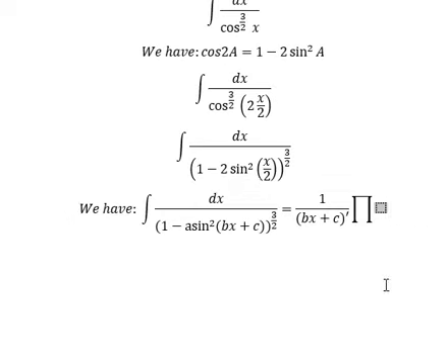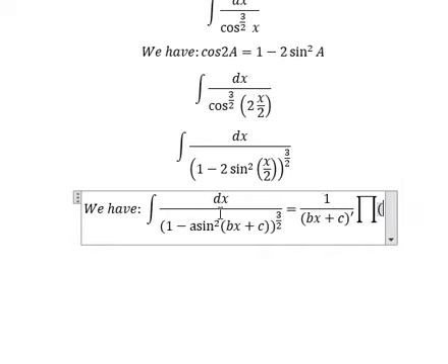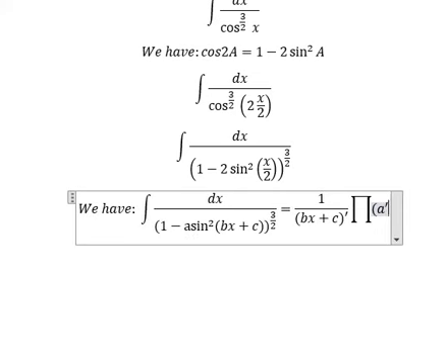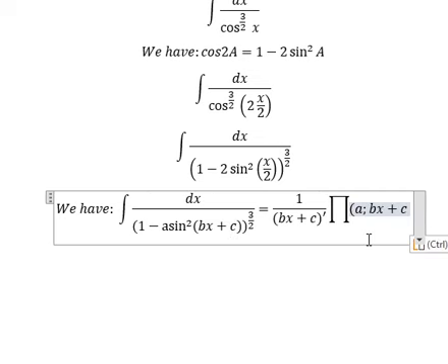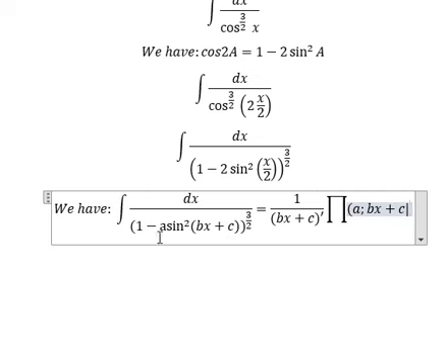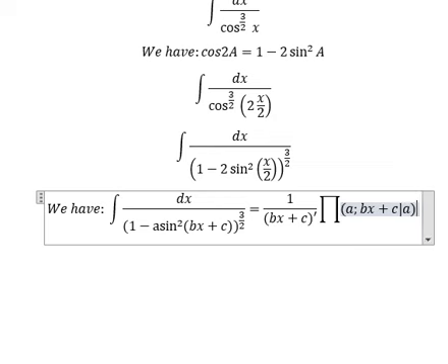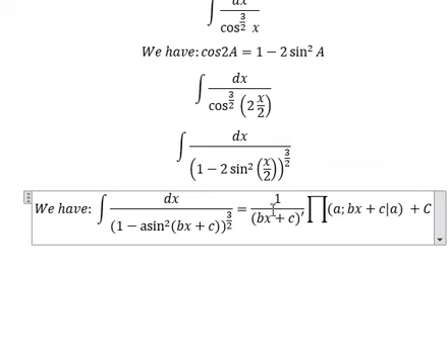So this one we have the coefficient of sine that's about a, and I will put bs plus c in here, and later we use the coefficient again, and then we put c in here. This is about the incomplete elliptic integral of the third kind.